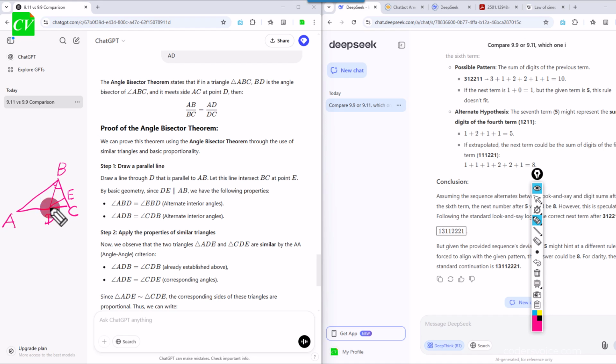since DE is parallel to AB, we have the property that angle ABD is equal to EBD. This is the given condition because we equally split this angle. And the second is that angle ADB equals CDB. So this is wrong.